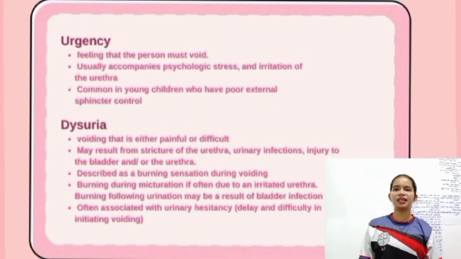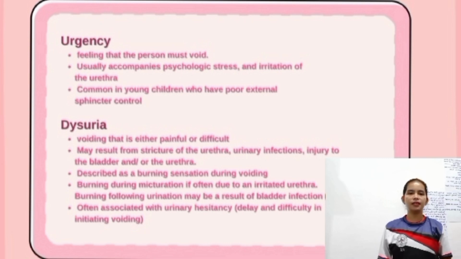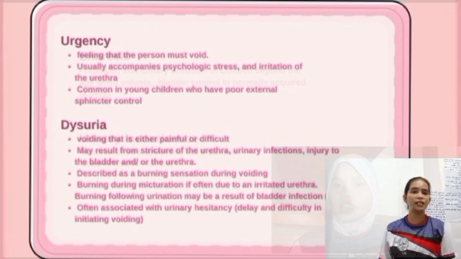Urinary hesitancy is a common issue that occurs along with the burning sensation, which could be due to conditions like urinary tract infections, also known as UTI, prostate problems in men, or other urinary system issues. In summary, the sentence describes difficulty or delay in starting urination.